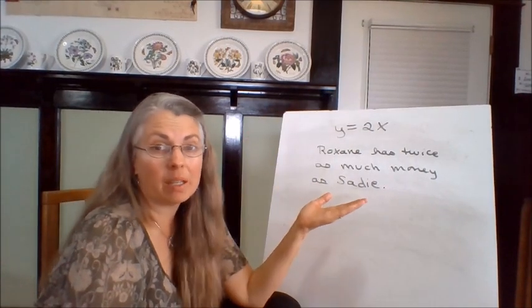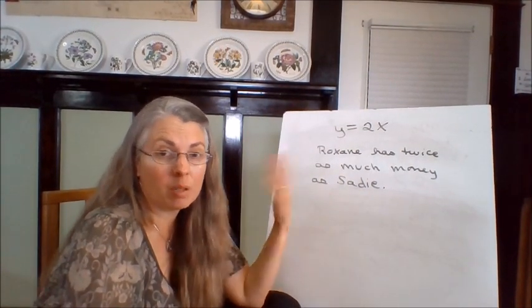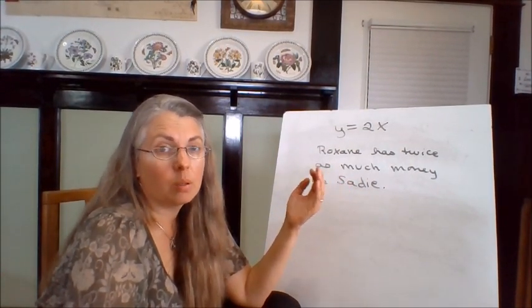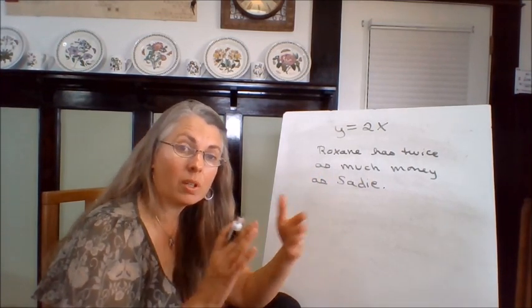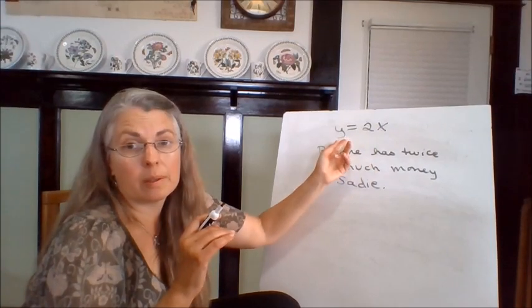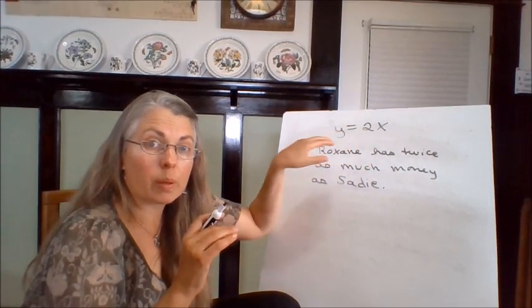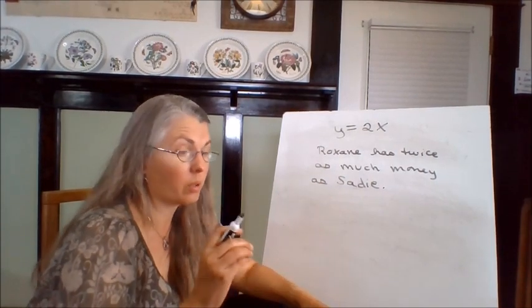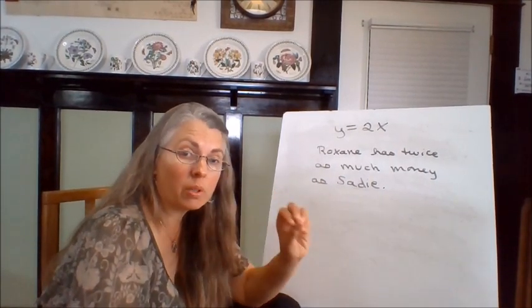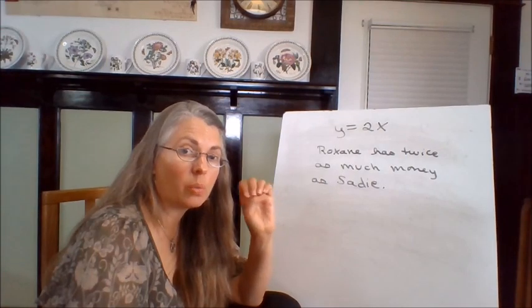Do I know how much money Sadie has? No, I have no idea. Sadie could have any amount of money under the sun, but whatever she has, Roxanne has twice as much. So it's an infinite number of solutions to this equation. And those numbers represent those infinite solutions, but they're constrained by this relationship that they have with each other. Letters represent numbers in those three distinct ways.